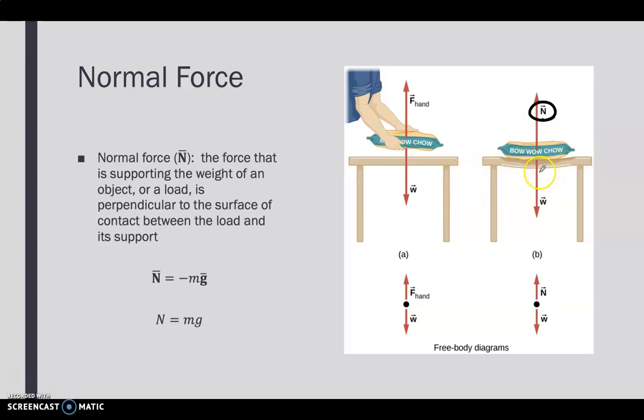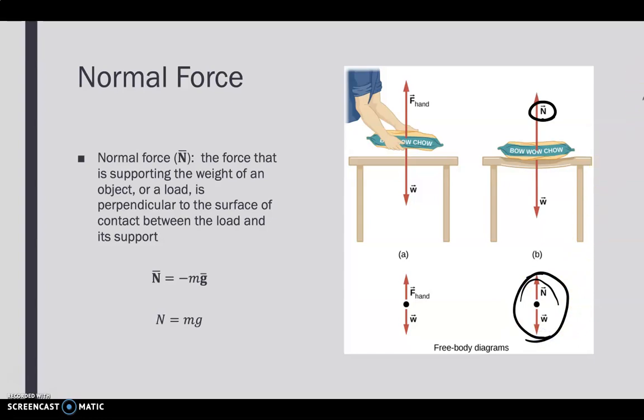Okay, and how you calculate it, the vector of the normal force is equal to negative the mass times acceleration due to gravity. Okay, so it is equal and opposite to the weight of an object.